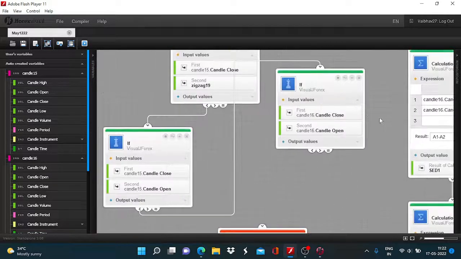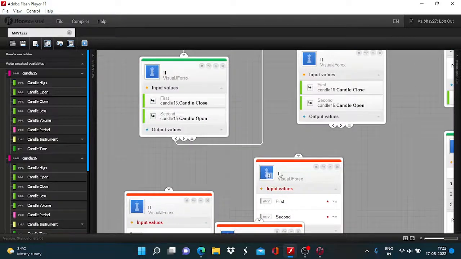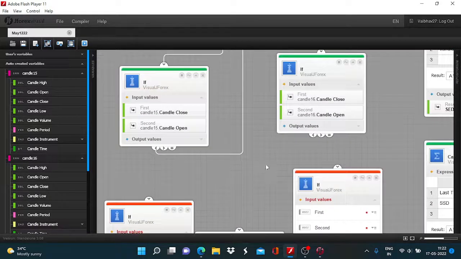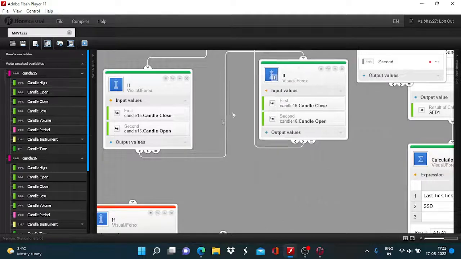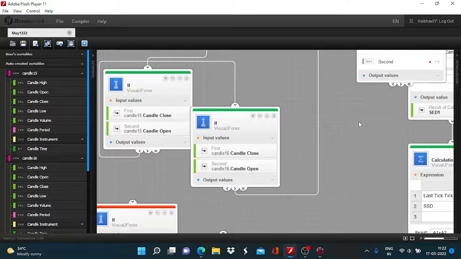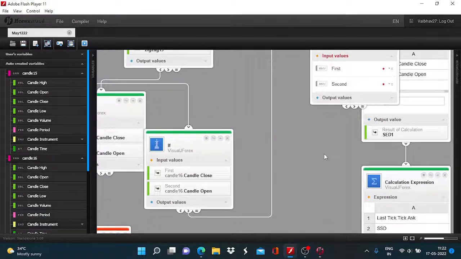So in this case, first input needs to be greater, and then we compare the actual price difference between the candle 15 candle close and the candle 16 candle close respectively.